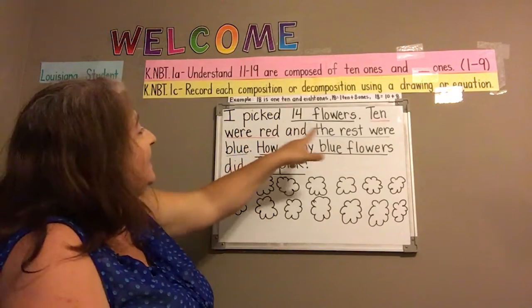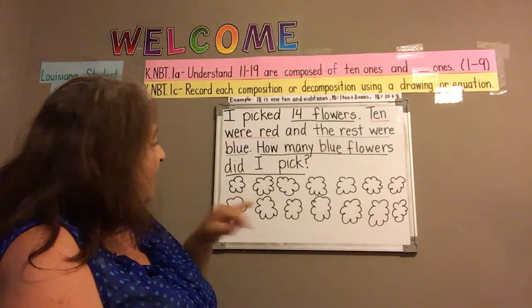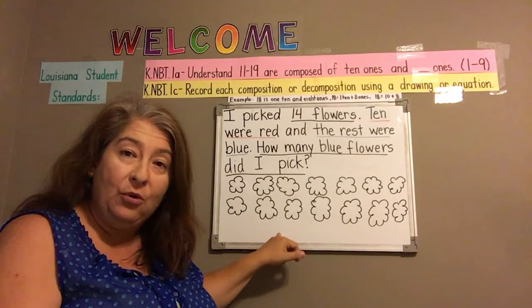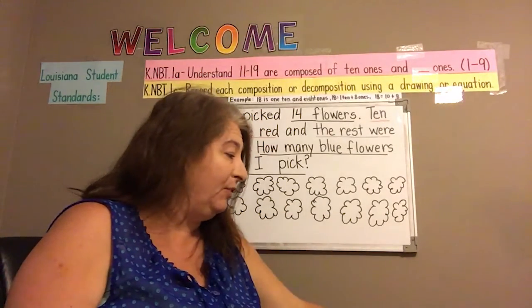You're right. It said 10 of them were red. If I color 10 of these flowers red, and I know the rest are blue, that'll help me figure out how many blue flowers I have.